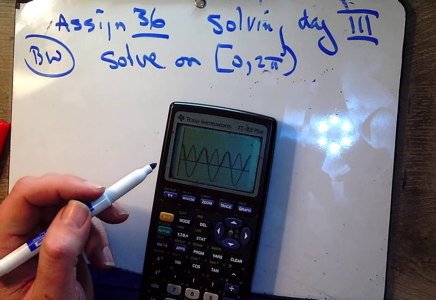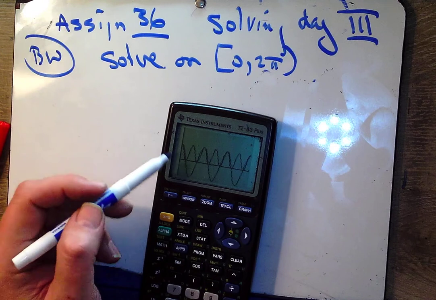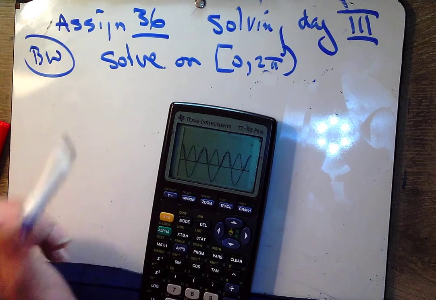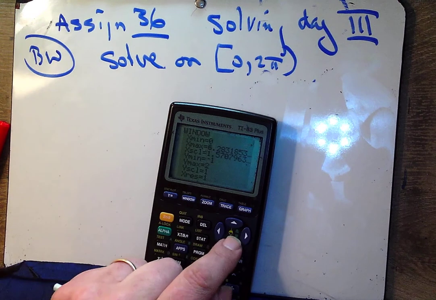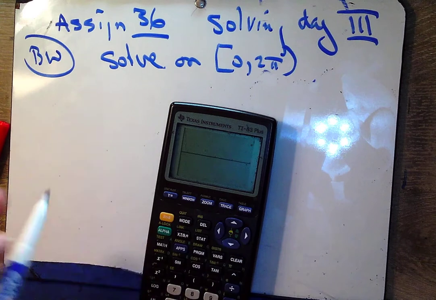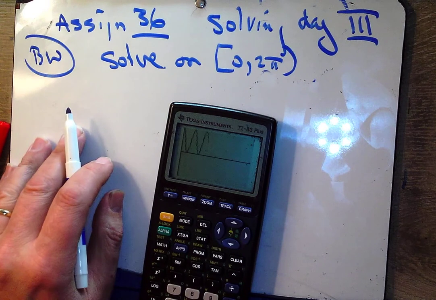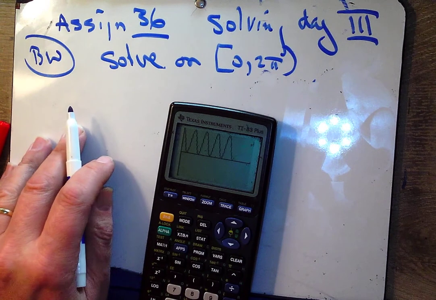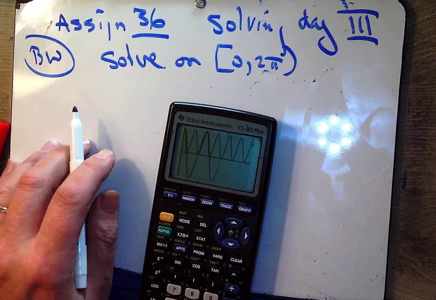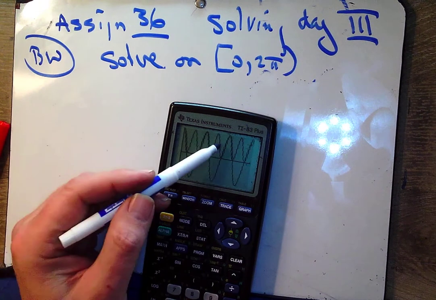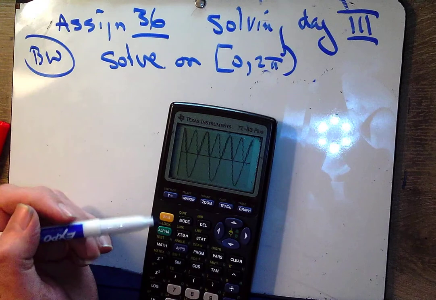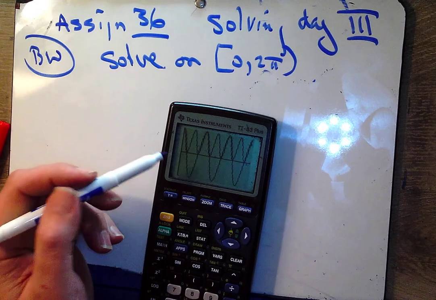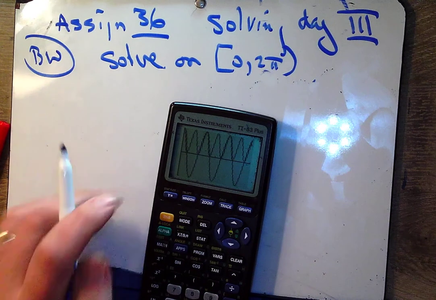Wow, they appear to be intersecting, are they? Let me change my viewing window a little bit. They're not actually touching there. But look, I see some points of intersection.